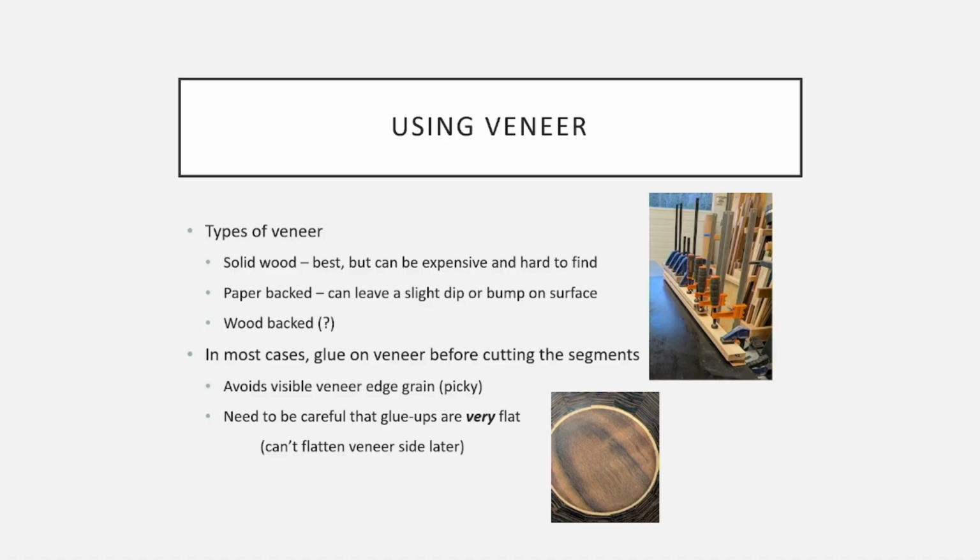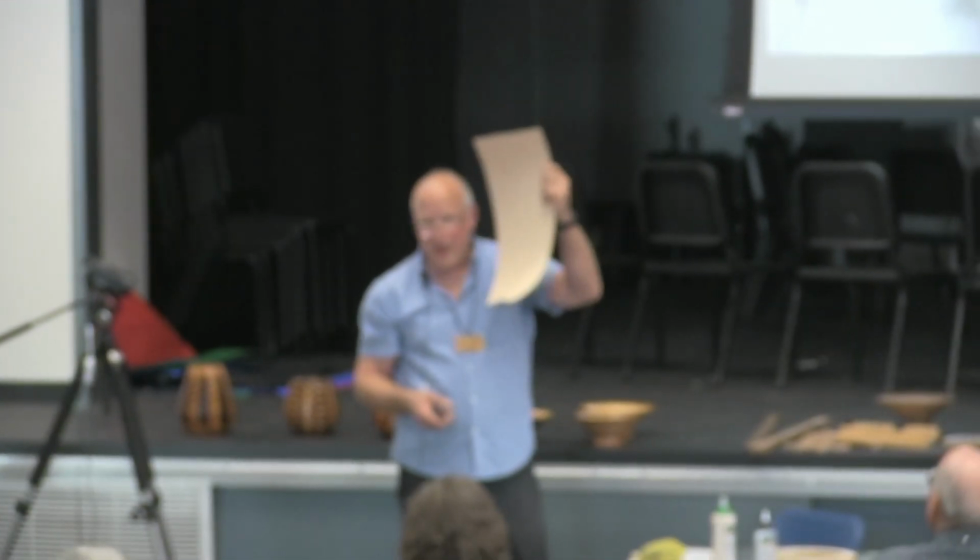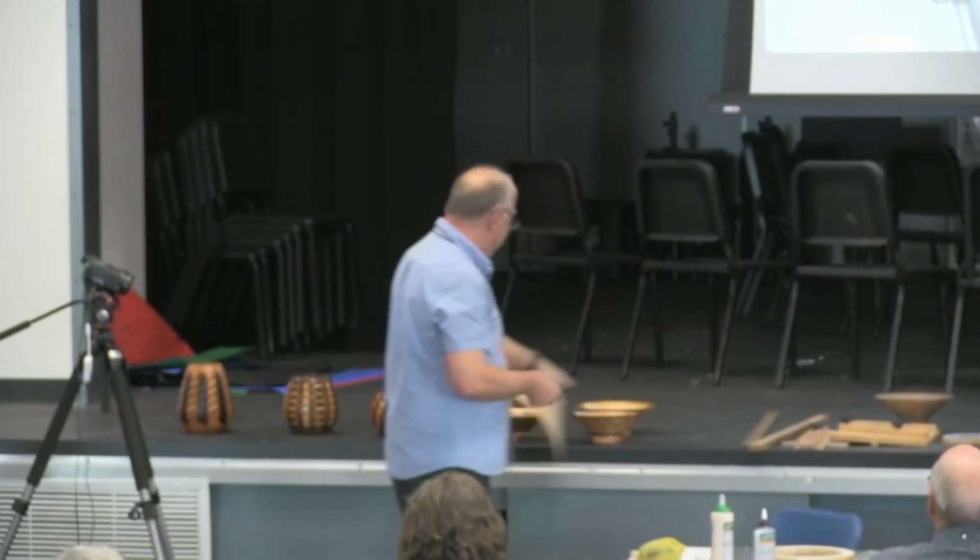Paper-backed, which is what I have here. It's got paper on the back of it. You can use this, and I have on all of these that I've got up here.